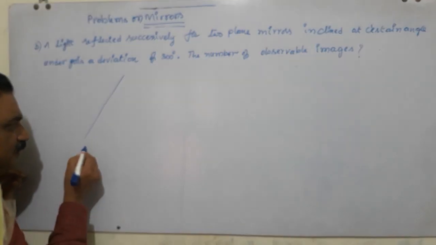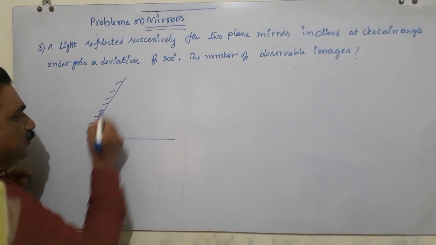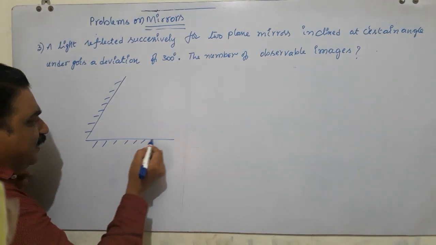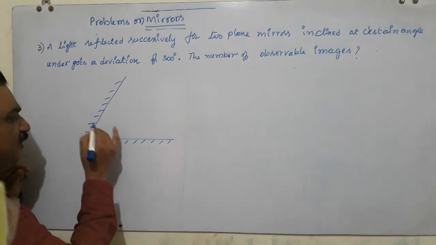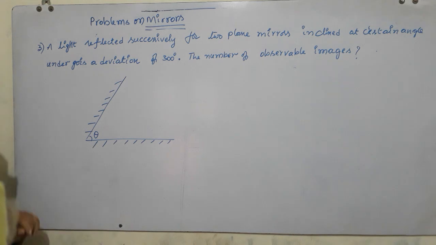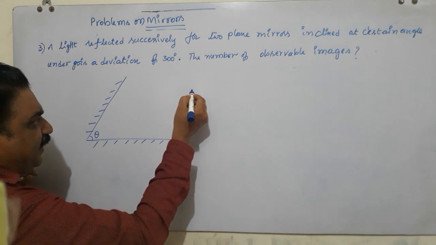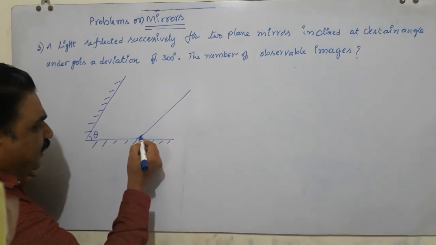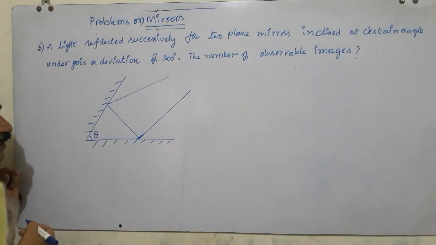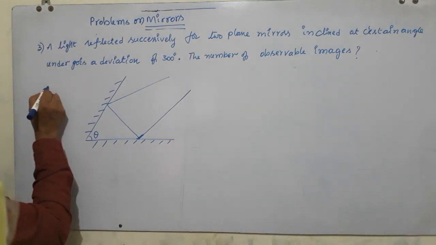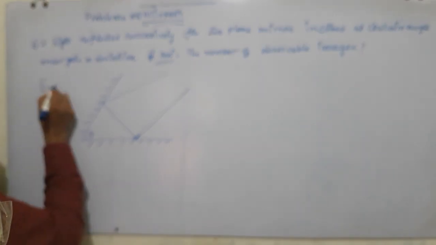See here, there are two mirrors which are arranged at a certain angle of inclination, say theta. There is a light ray coming from the object, incident on these two mirrors and deviating through an angle delta equal to 300 degrees.